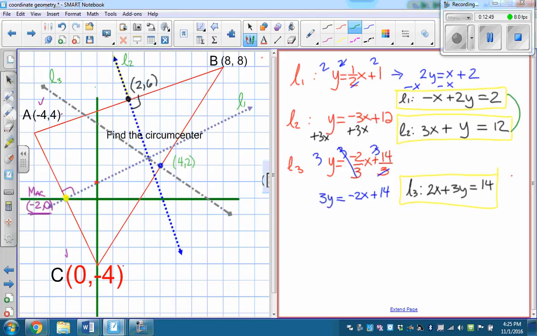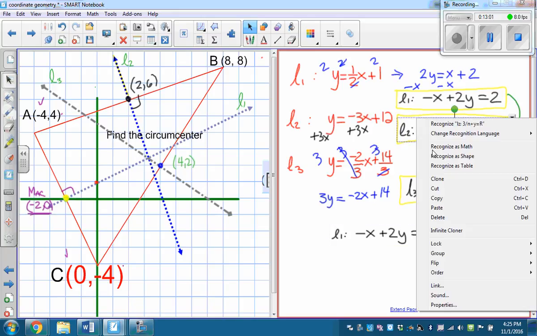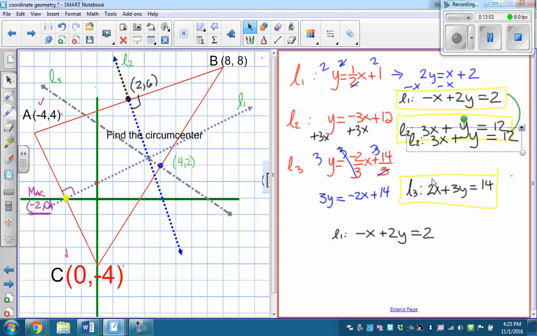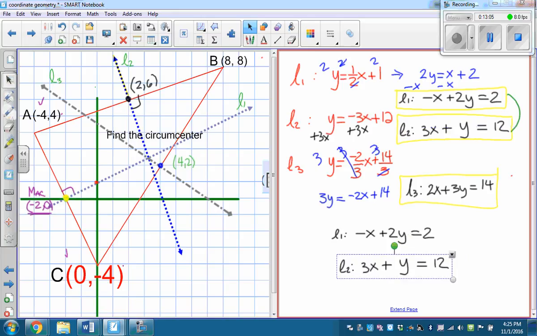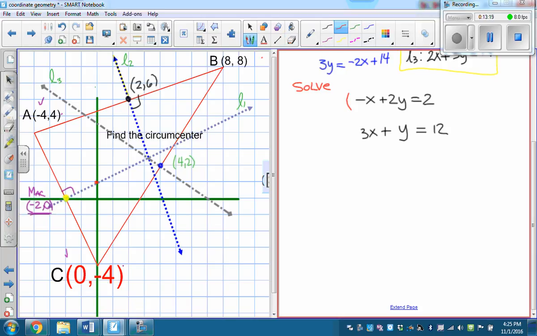So in order to do that, I'm going to take L1 and bring it down here, and take L2 and bring it down here, and I'm going to solve the system. Using L1 and L2, I'm going to multiply this by 3 and eliminate the x variable.